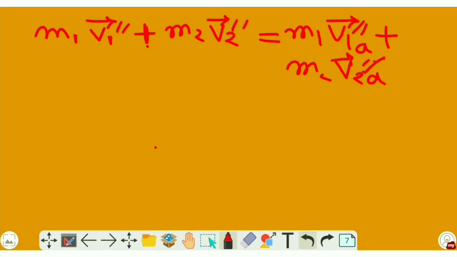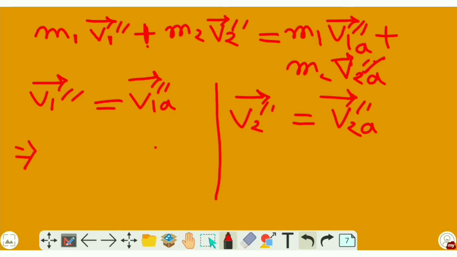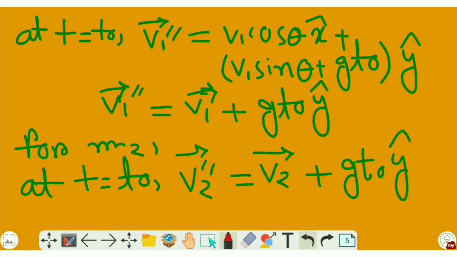So from this equation we can write that the v1 double dashed vector is equal to v1 a double dashed vector, and the v2 double dashed vector equals v2 a double dashed vector. So we can write v1 a double dashed vector equals, what was v1 double dashed vector? It was v1 vector plus g t0 y cap.